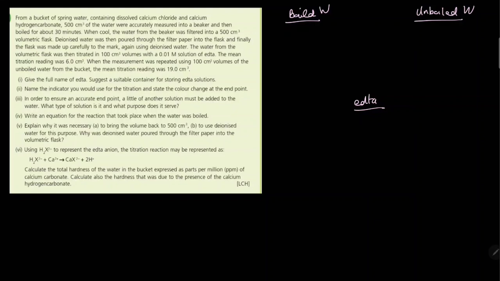So what I'm going to do is pull out the information for the boiled water. So the volume that was used is 100 centimeters cubed in both of them. Okay, so that's the volume of the water for each of those.